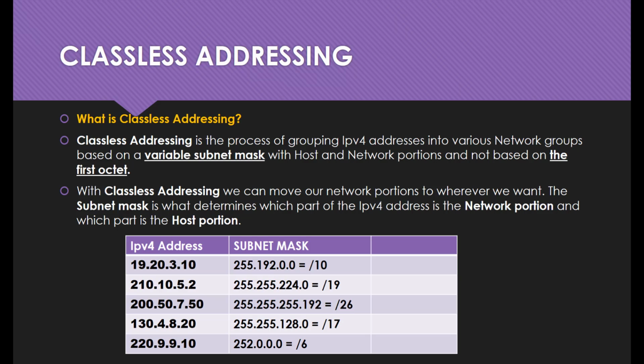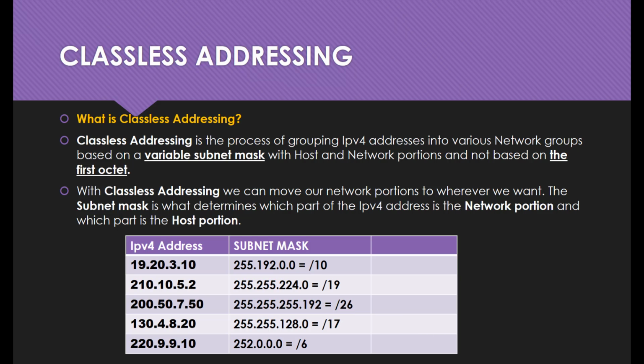in the subnet mask. So instead of having the normal 8, 16, 24, and 32 as subnet mask notations for classful addressing, here we have other numbers we can use, like in this example: 10, 19, 26, 17, and 6.